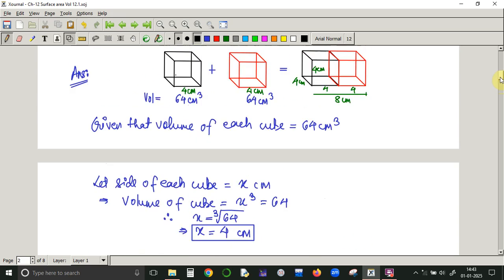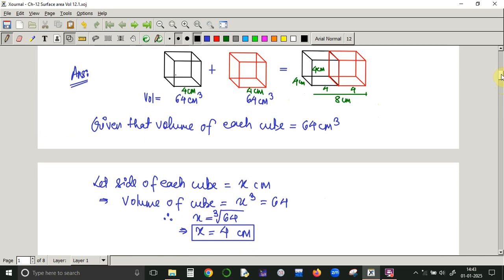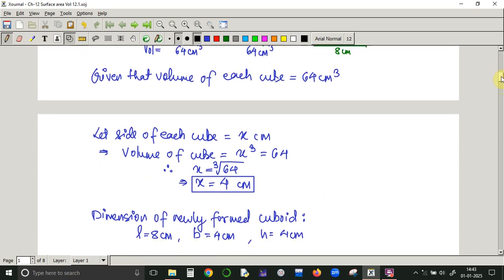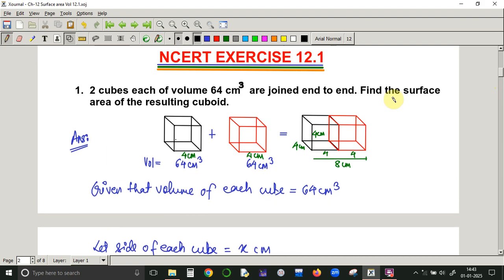Now dimension of newly formed cuboid. Let's go to the diagram. If we join these two cubes, so this length is 4 plus 4, so this length is 8, height is same, and width is 4. So there's the change in length, and height and breadth, they are 4 centimeter. The question is saying find the surface area of the resulting cuboid.